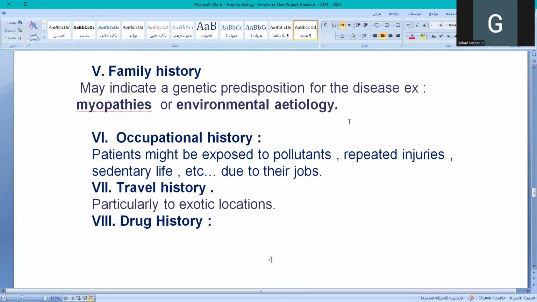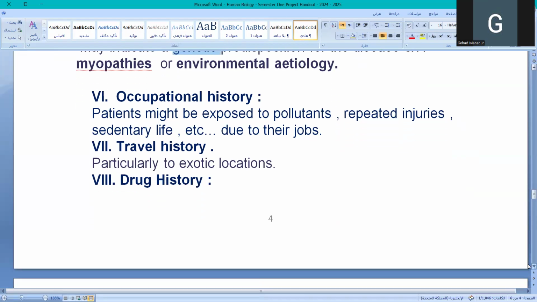So family history might indicate a genetic predisposition, or it might just be due to sharing the same environment. So you have to ask whether other members of the family have the same condition.